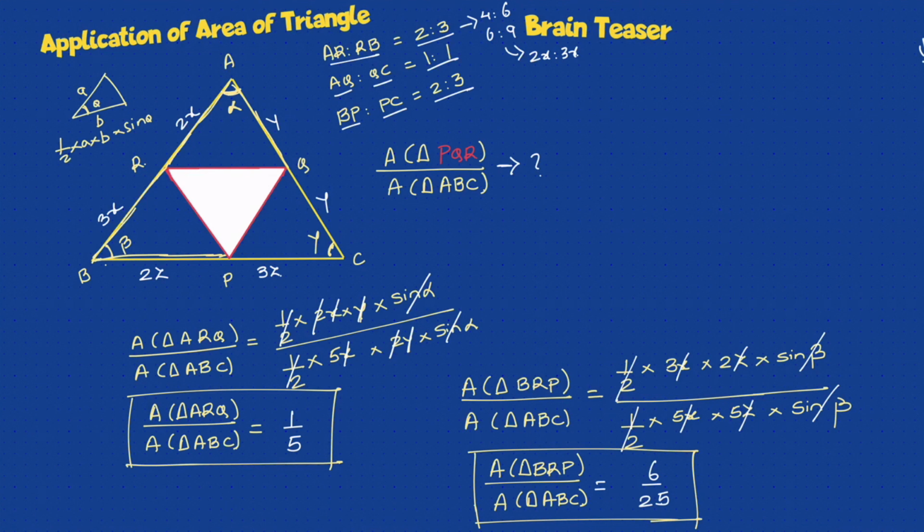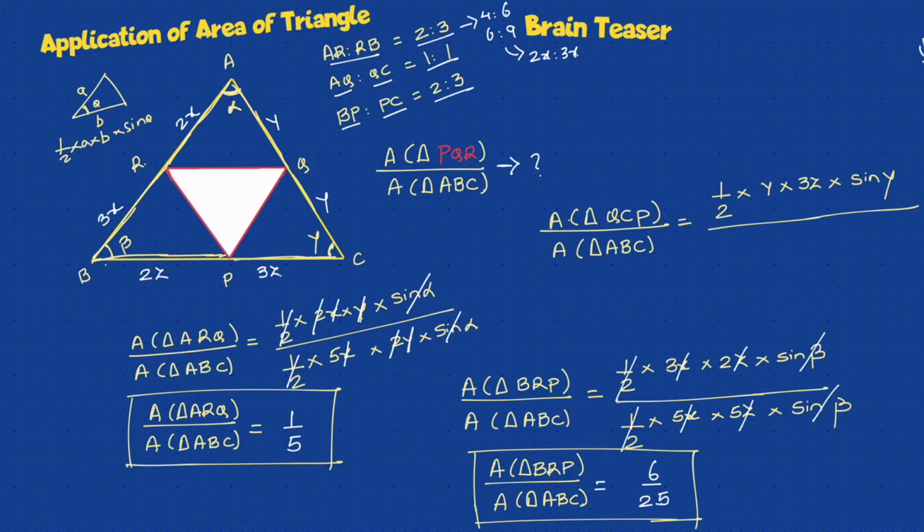Okay, I'll have to get the common denominator now, so that the area of triangle ABC is constant over everything. Now what is left? Which triangle will I eliminate next? QPC. Then the only thing that will be left is PQR. I'll subtract it in the end. So area of triangle QPC will be half into the product of the two sides, y into 3z, into the sine of the angle between the two sides, which is gamma.